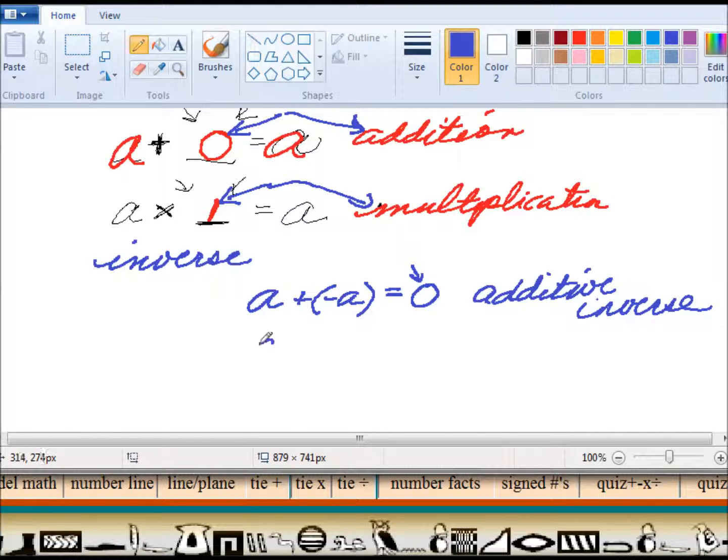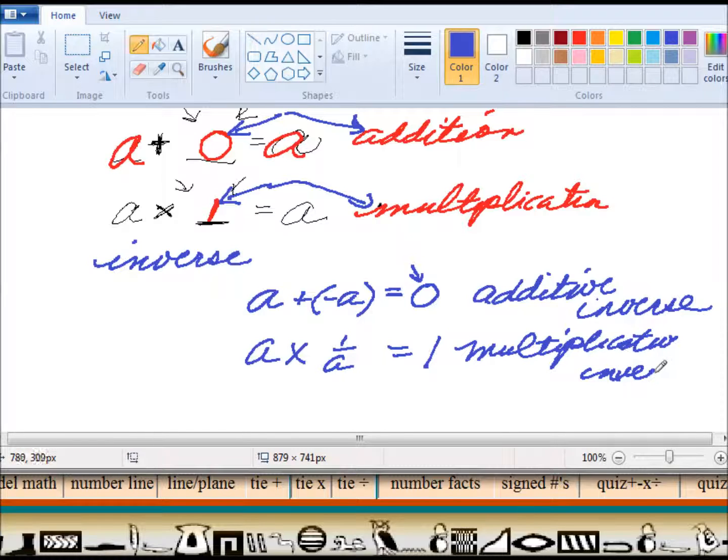And the multiplicative inverse, which would end up in the identity element for multiplication, is 1 over a, and that's the multiplicative inverse. I think I misspelled that. Multiplicative inverse. Not very good at writing.